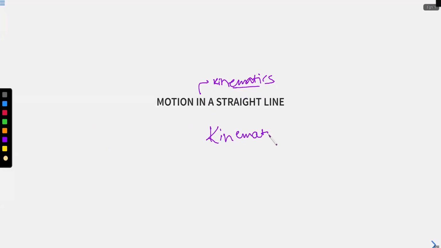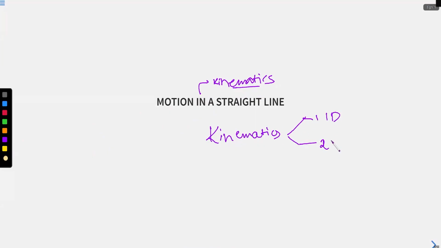So, the chapter which we are going to discuss today is motion in a straight line. Let me tell you something about this chapter. Motion in a straight line is basically a part of kinematics. Kinematics is the first chapter which we deal with in physics, and this is mainly divided into two types: kinematics 1D and kinematics 2D.